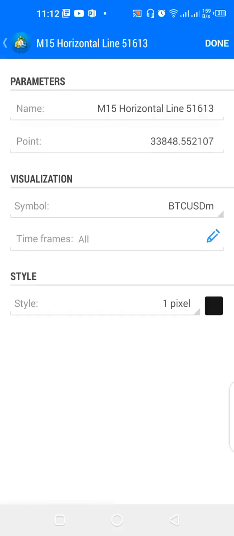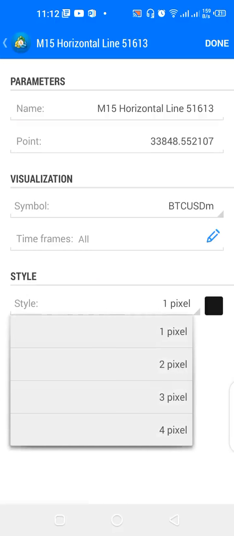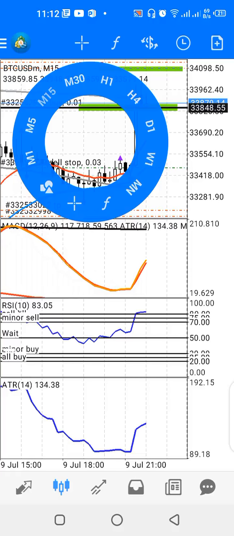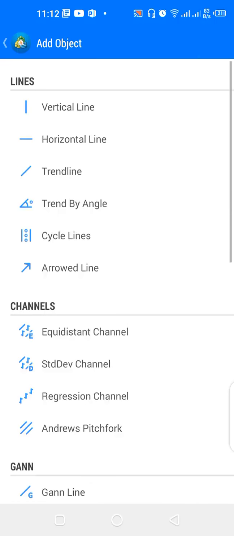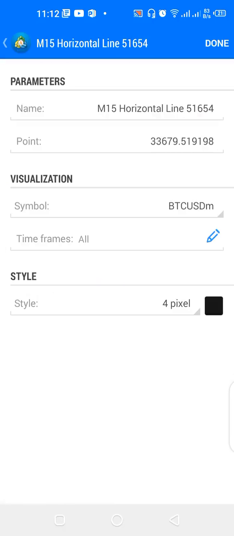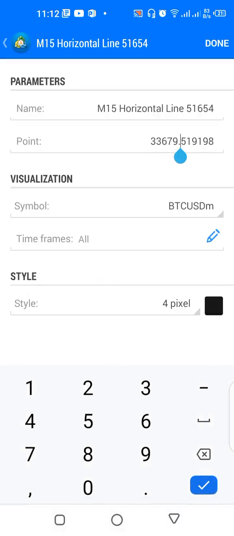Let me increase the width or the pixel. Let's assume where the black line is your trade entry. Your take profit will be 250 points for the first trade. The take profit will be 250 points added to that, which will be around 34,098.